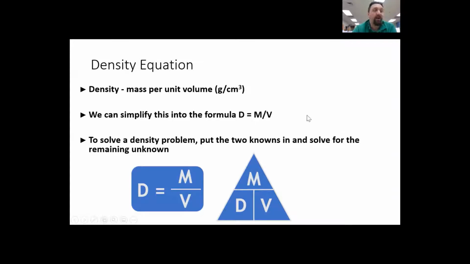To solve the density problem, put the two knowns in the pyramid. And then you'll have one remaining letter. If the remaining letter is on top, multiply the two things in the bottom by one another. If the empty letter is on the bottom, take the top number and divide by the bottom number. That's how you solve any density problem.